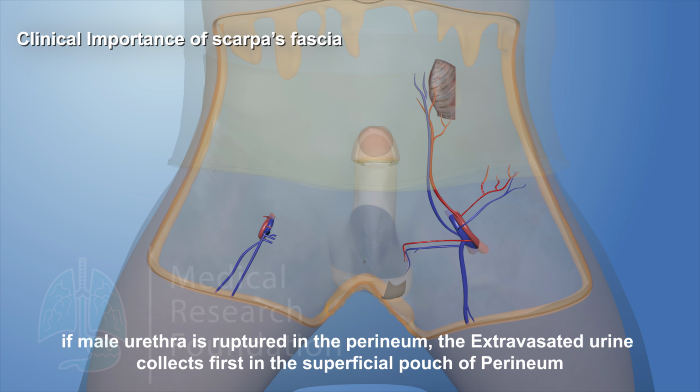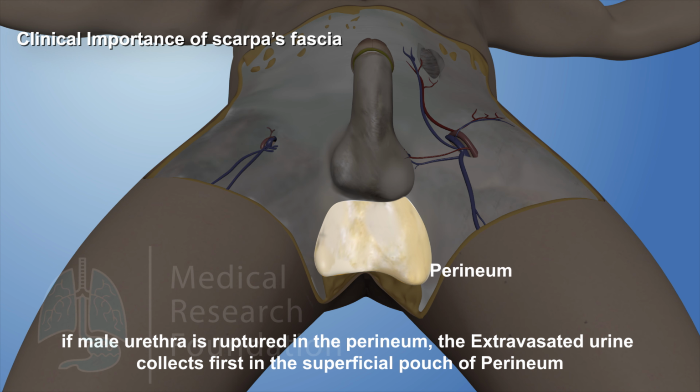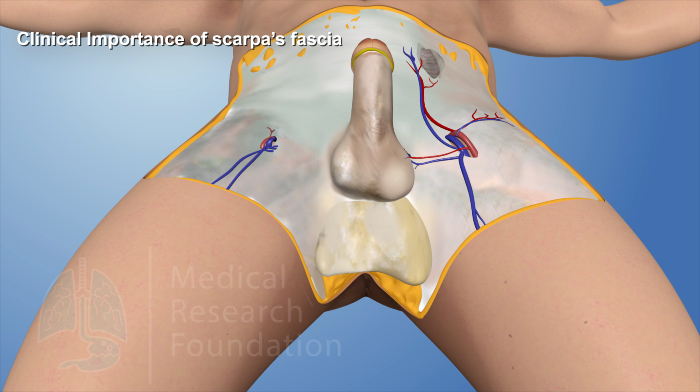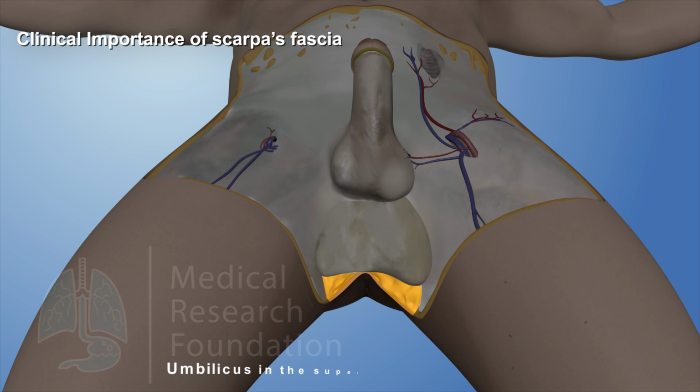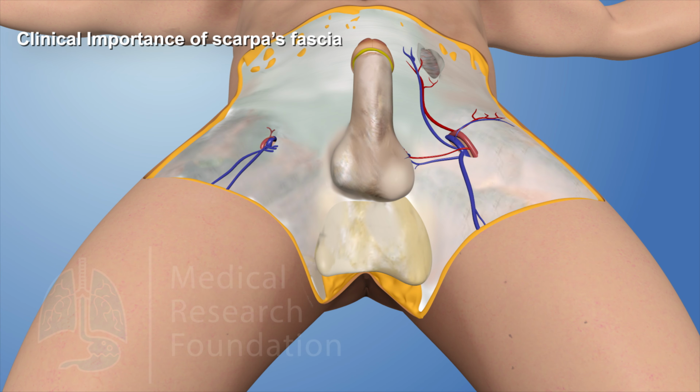Therefore, urine and then onto the anterior abdominal wall inferior to the umbilicus in the superficial inguinal space. The presence of urine in this confined space where Scarpa's fascia is attached makes the clinician suspect rupture of the urethra due to trauma.